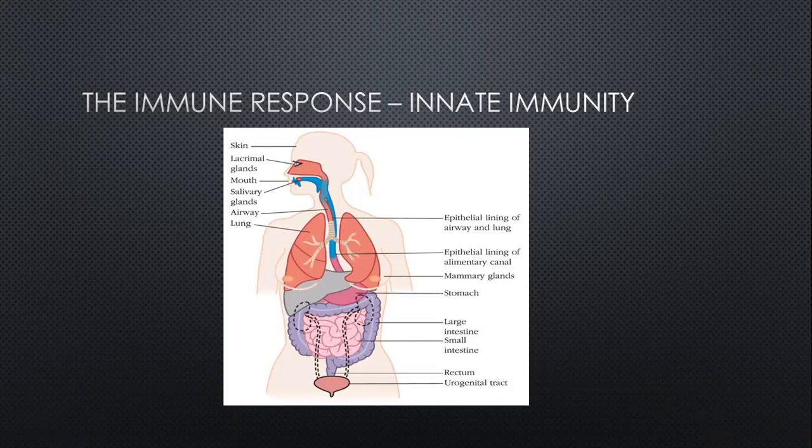And inside the urogenital tract, there's flushing by urine. They get flushed by the urine and mucus. And there is also low pH, antimicrobial peptides and some proteins.